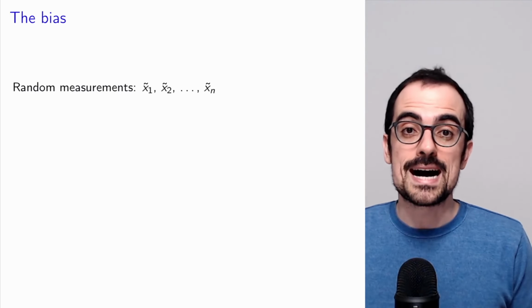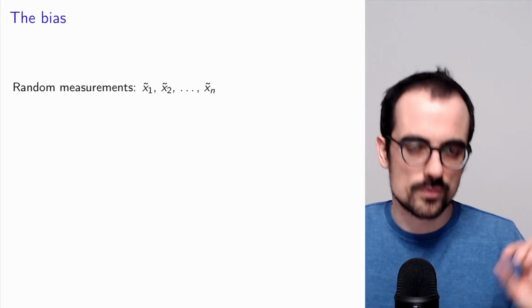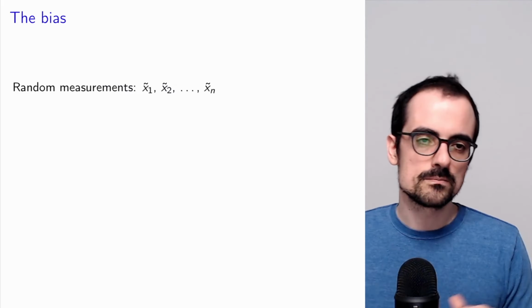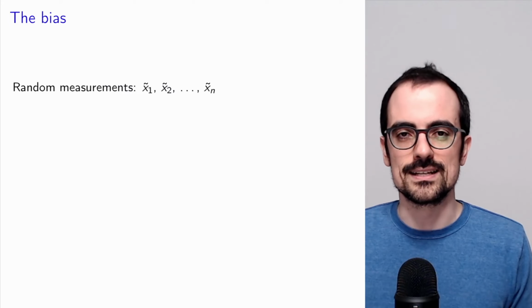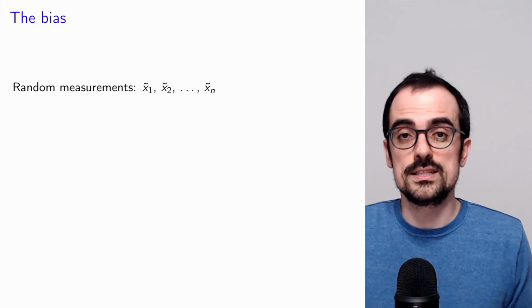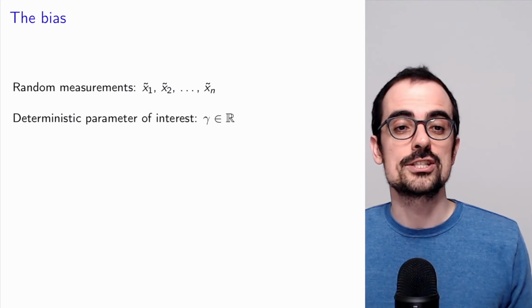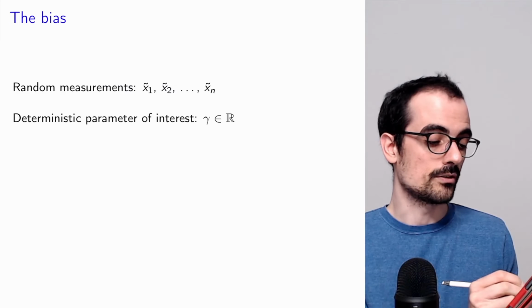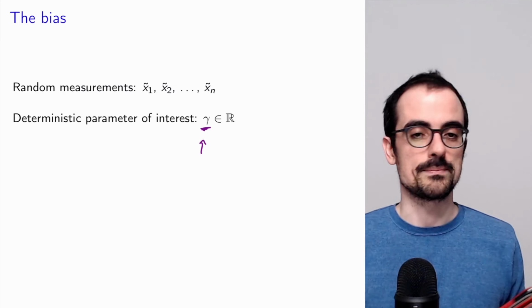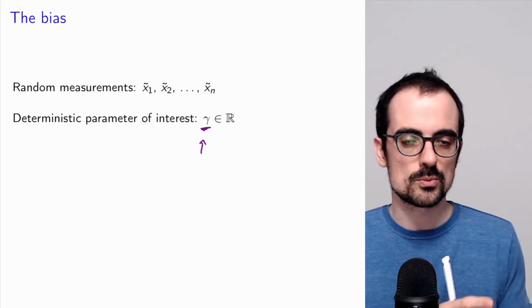This is called the bias. Before we see whether that's the case for the sample mean, let's first define the bias, which is the average error. We have these random measurements. We have a parameter of interest, which in our case is typically going to be the population mean or the population proportion.